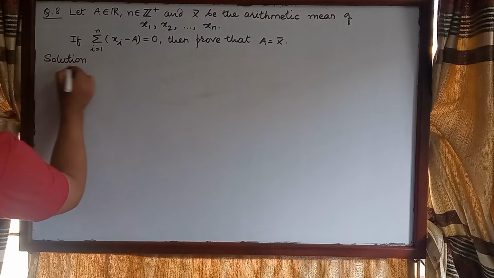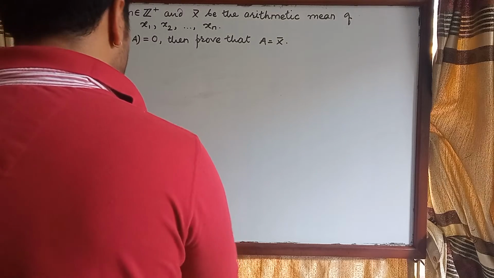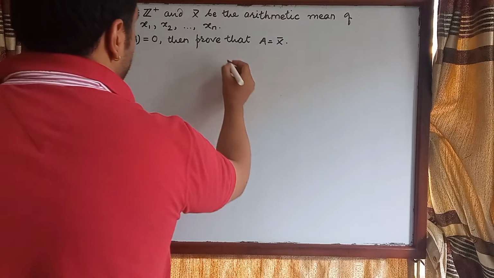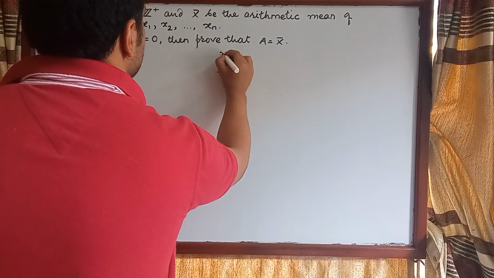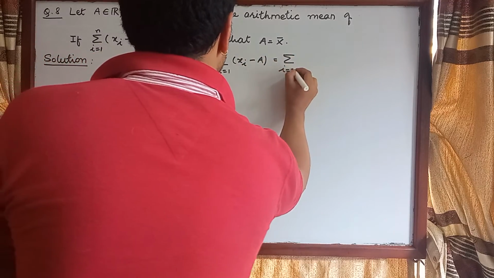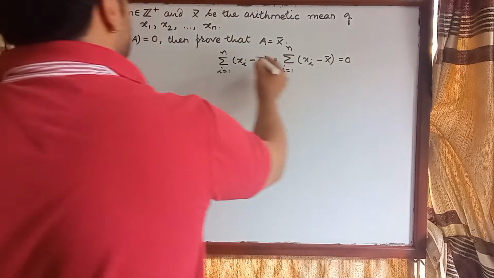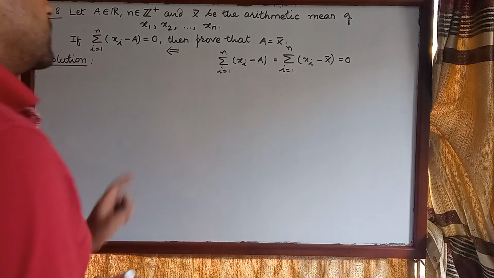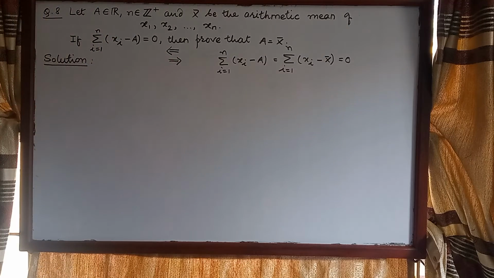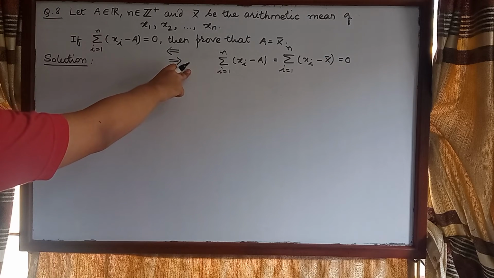So we've shown that if a is equal to x bar, then the summation i equals 1 to n of xi minus a is equal to the summation i from 1 to n of xi minus x bar, which is equal to 0. We've shown this part in the properties. Now we're going to show the converse part, the opposite part of the property we've proved in a previous video.